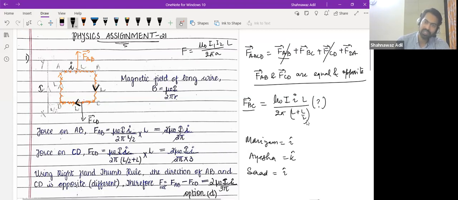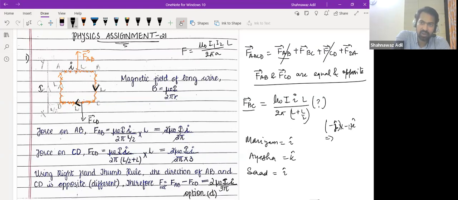Or you can also check by, so L is minus J, and this is minus K. DC is minus J and this is minus K. So what would be the direction that you get?